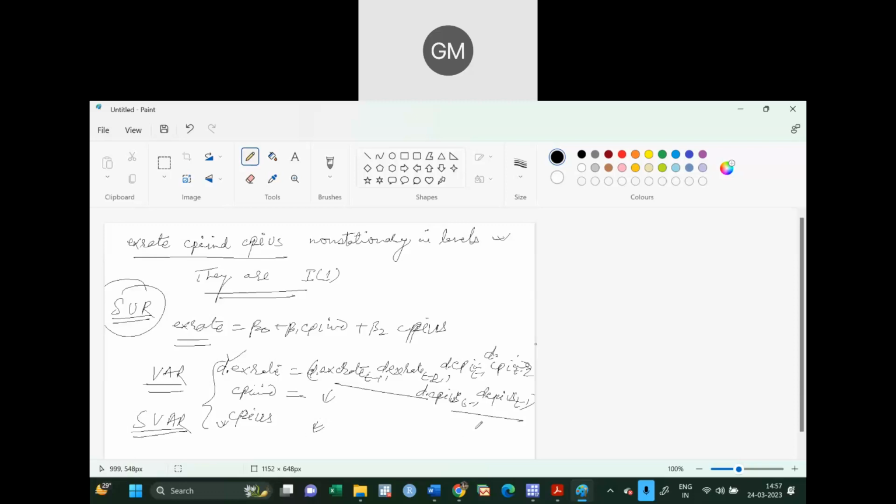Then you can look at the shock. In the first equation you will be finding epsilon t1. In the second equation, error term epsilon t2. And you will be finding error term epsilon t3 in the third equation.